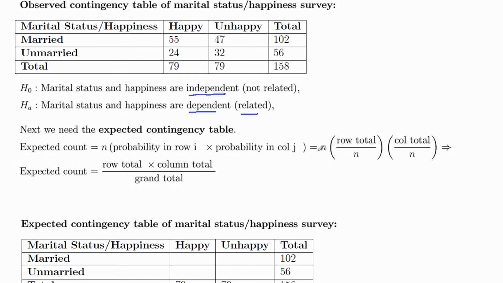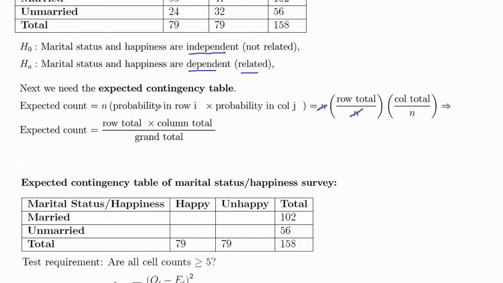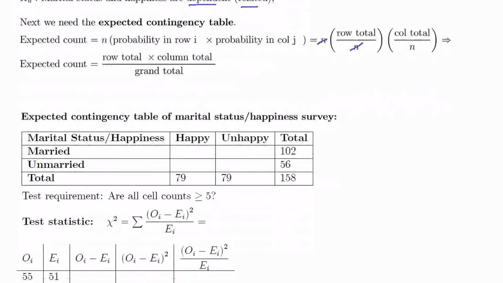But notice here that one of those n's will cancel out top to bottom, so we can just do row total times column total on the top, divide by your grand total n, in this case 158 on the bottom. So that's how we find expected counts. And what we want to do is see if there is a statistically significant difference between our observed counts and our expected counts.